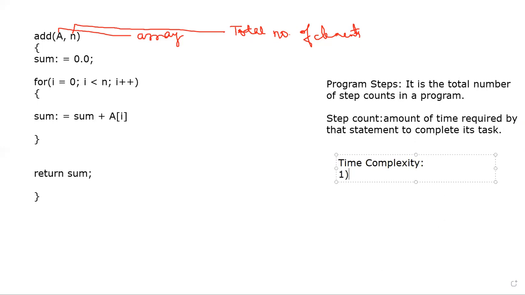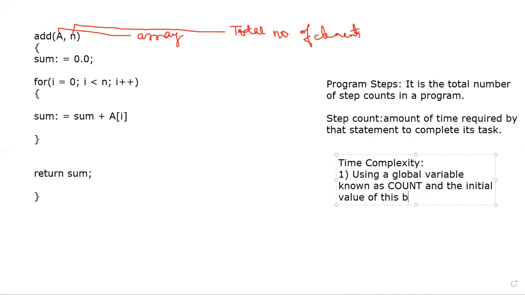The first method is using a global variable known as count, and the initial value of this variable is 0. And the second method is using a tabular method.